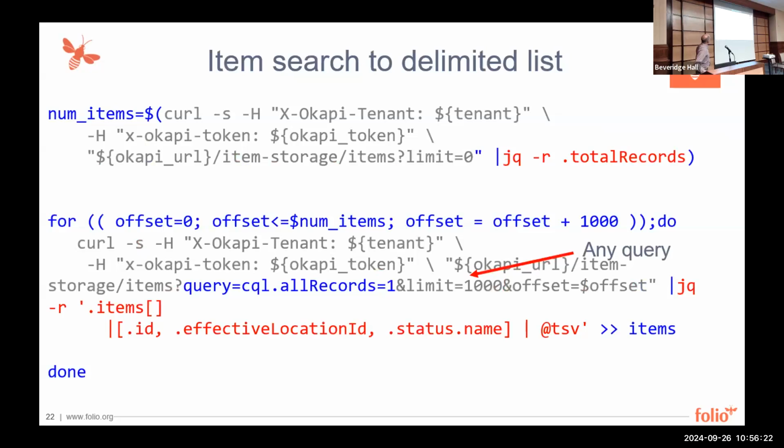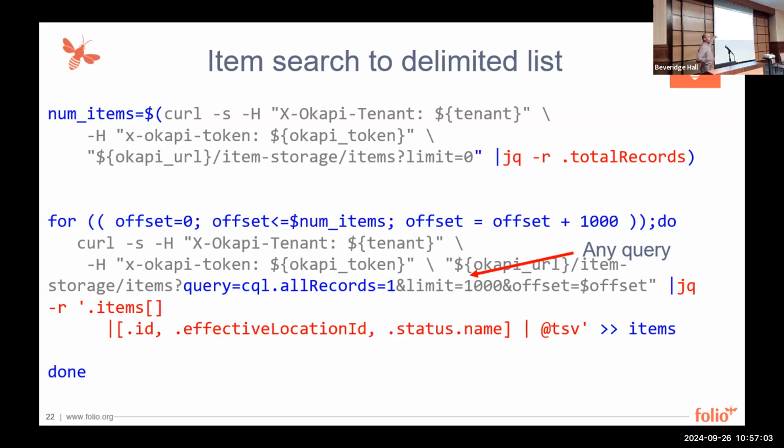And so what we were going to do is, let's suppose we wanted to get all the items out of a system. On the first line, we find out how many items are in there. Then it's going to retrieve them 1,000 at a time, and create a tab delimited file with their ID, their effective location ID, and their status. I know that some of that's a little bit gobbledygooky if you don't read it, but the important thing to know with the JQ part is that all we're doing is hitting the items endpoint with a regular query.